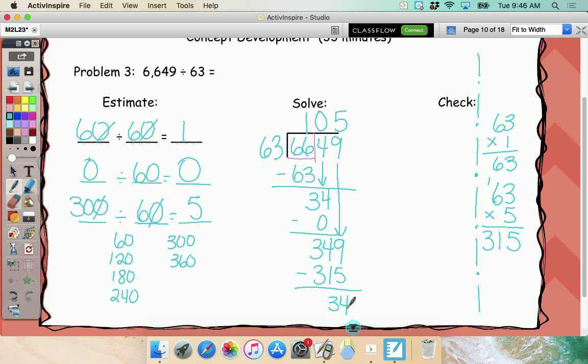Oh, and we got 34 for a remainder, which is weird. Because we've had a lot of 34s, haven't we? Yeah, does that work? It does work. Okay, grab your highlighter. This one's different. Jaylee, which number has to go on top of the multiplication problem? 105. Very good. Okay, is this still turtle head?